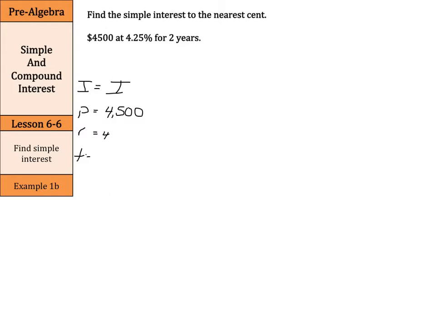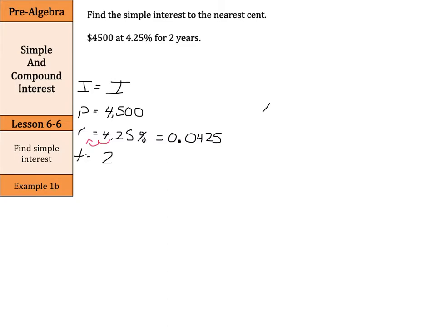My rate is 4 1/4%, or 4 25/100%. Now, in decimal form, that's going to be 0.0425. Don't round anything there yet. You're going to move that over twice. You have to have that 0 there to the left of the 4. Our time is 2 years, so we're good there.